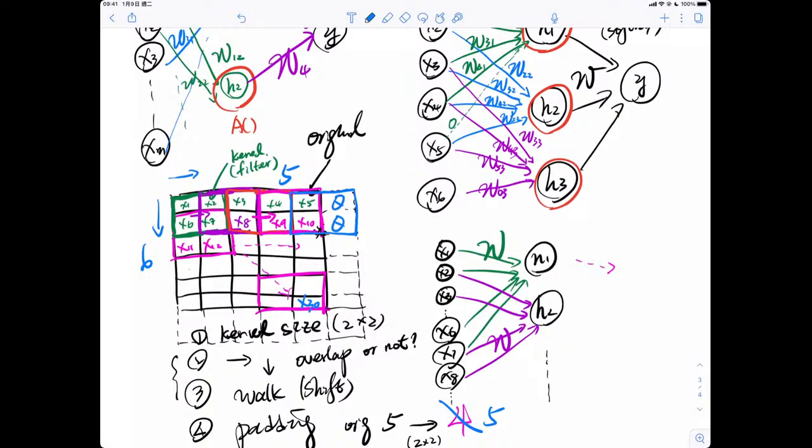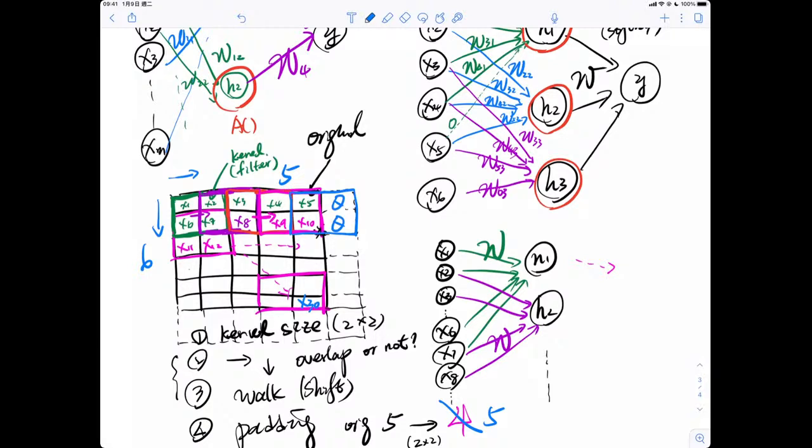This is just for convenience, because we don't want the number of data in each dimension to decrease when you apply a convolution layer. So padding is a very commonly used way to keep the size the same as the original 2D data.